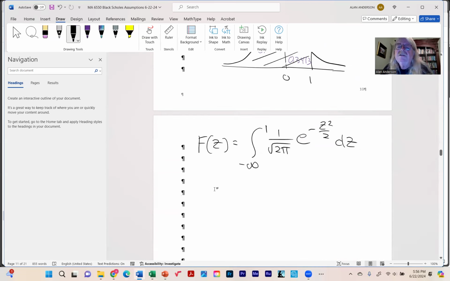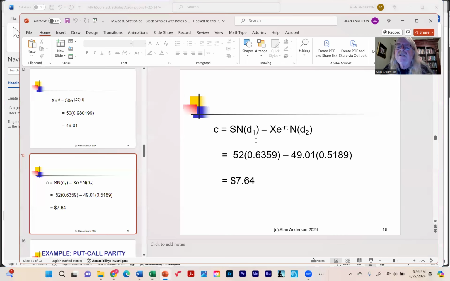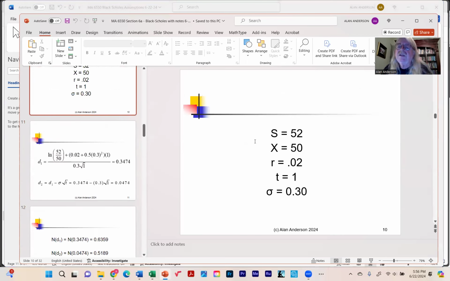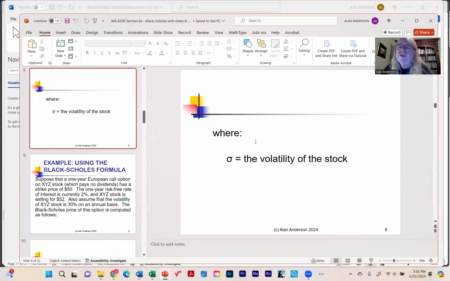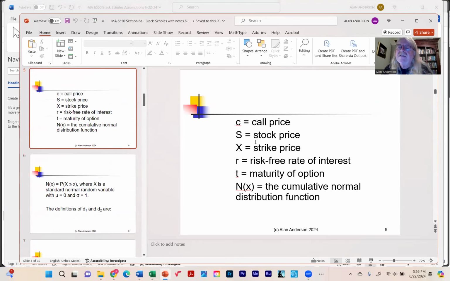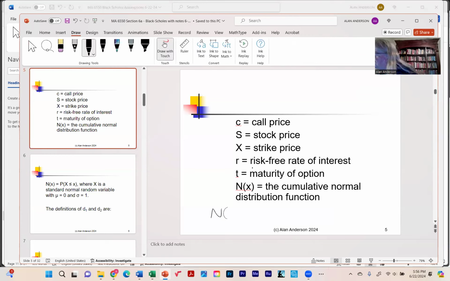So that is what these are in the Black-Scholes formula. The reason this is relevant is that in the Black-Scholes formula, these N's are the cumulative probability distribution functions. In other words, when you see N of x, let's think of capital X as the random variable, and lowercase x as the specific value that we're looking for, like 1 in my example.